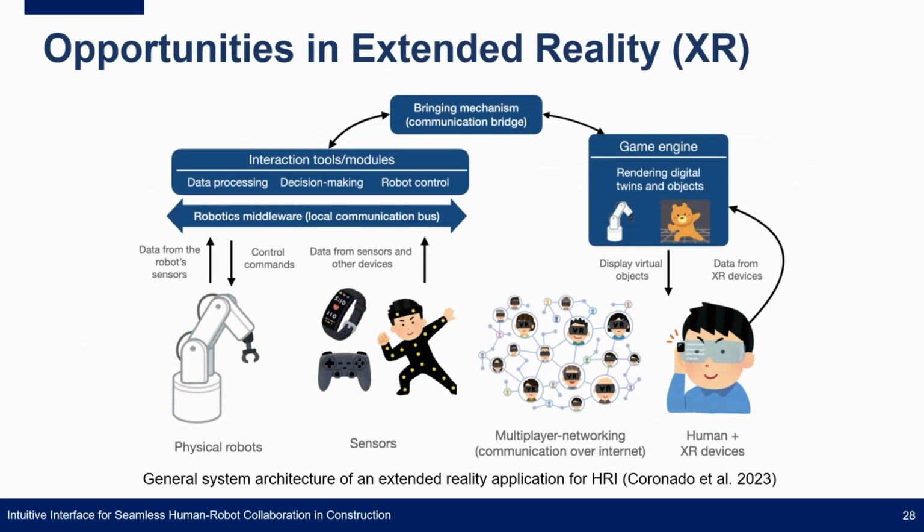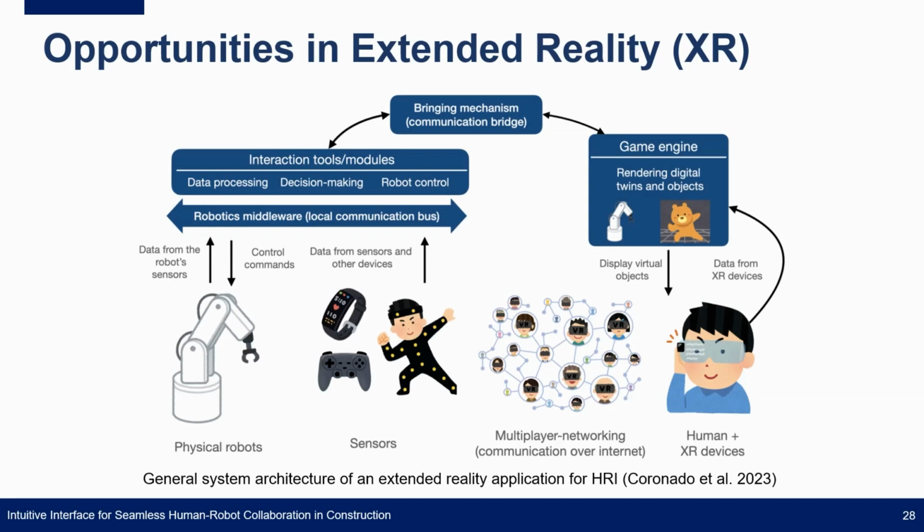Regarding the human-robot interfaces, I believe that extended reality, XR, could be a great alternative. This figure shows an overview of the system architecture and the key components that constitute the XR application for human-robot interactions. In this architecture, a set of sensors collect information from the humans and the real-world environment.